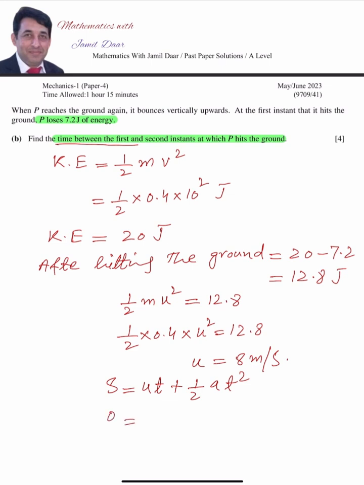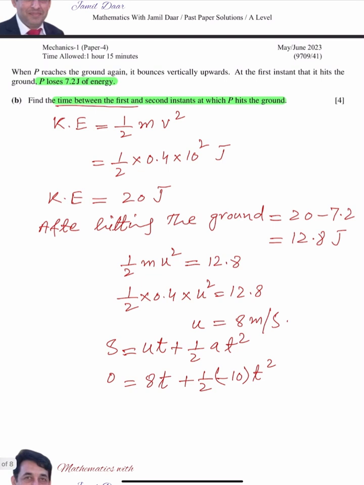So 0 is equal to 8 meters per second times t plus half into minus 10 t square.